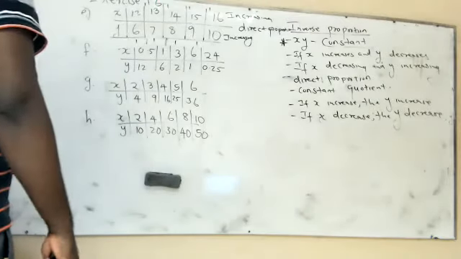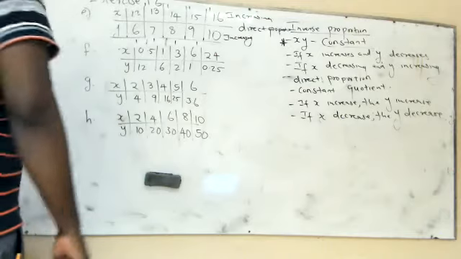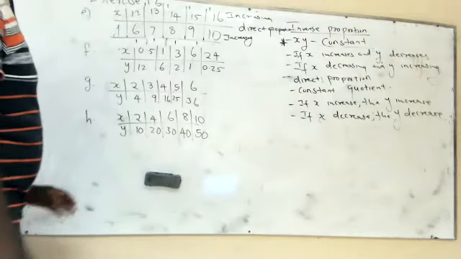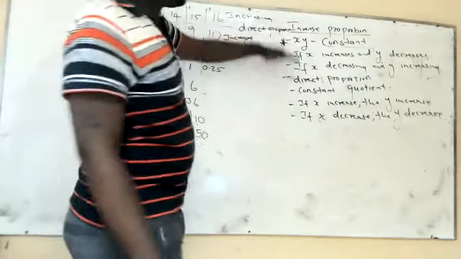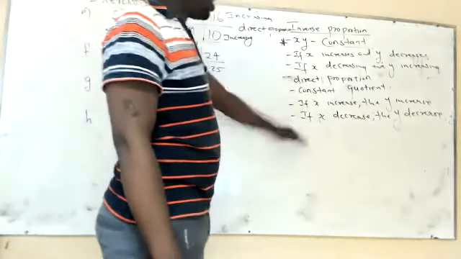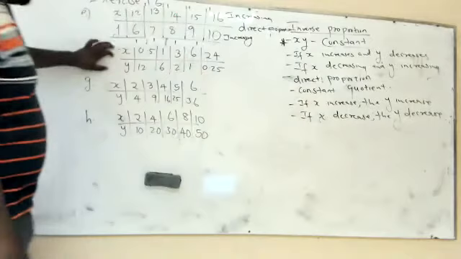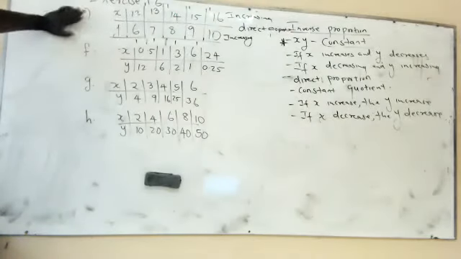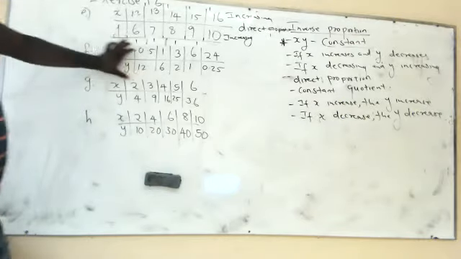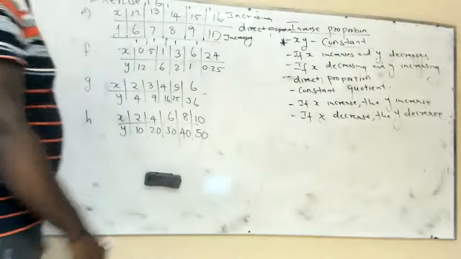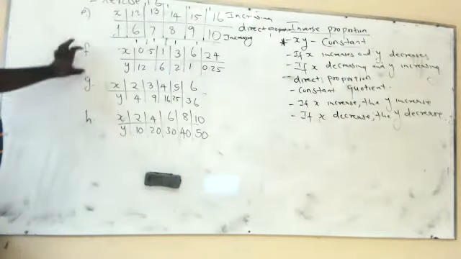Let's quickly go to question number F. For question number F, we check again if it is inverse proportion, direct proportion, or neither. Before I do any explanation, I would like you to try and find out the answer for question number F. What do you think about the proportion for question number F?